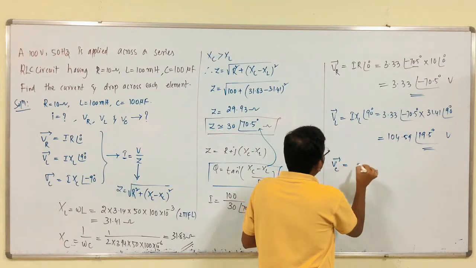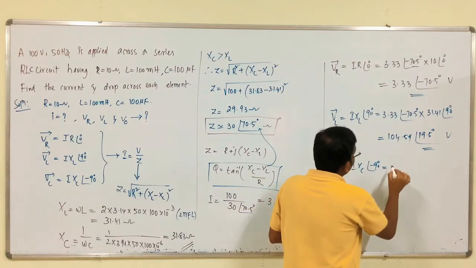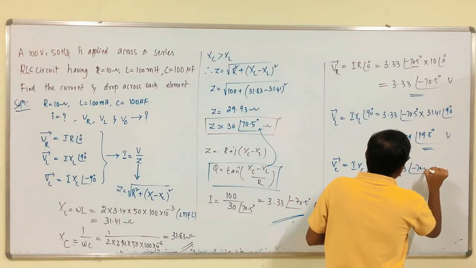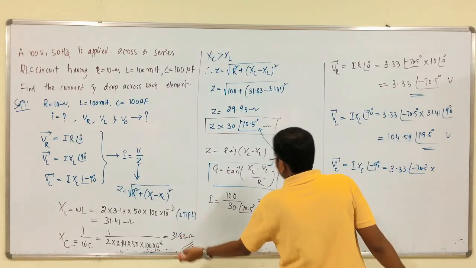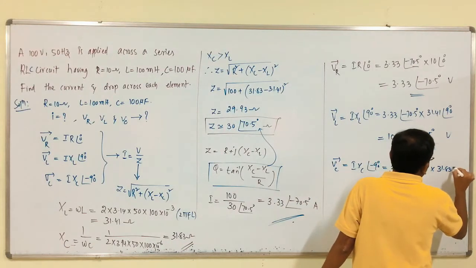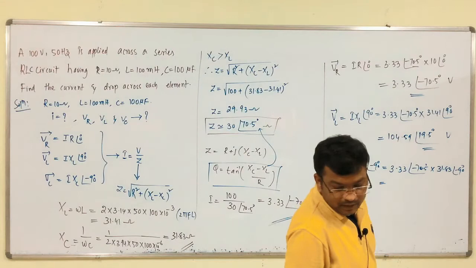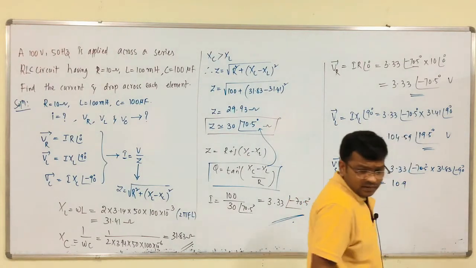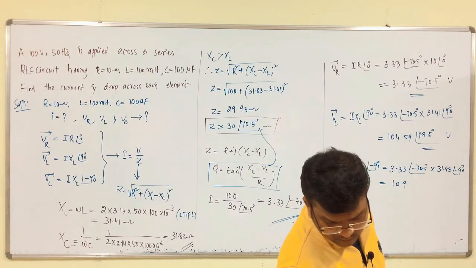VC, which is equal to I XC at an angle minus 90, which is equal to 3.33 at an angle minus 70.5 into XC, 31.83, at an angle minus 90, which is equal to what?